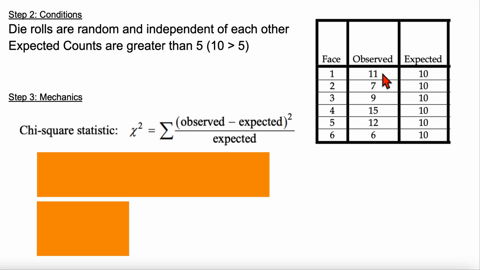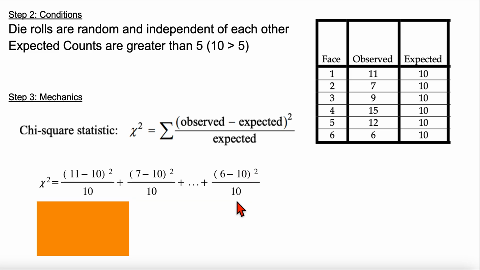We take 11, the observed value, minus 10, we square it, and divide by 10, which was our expected value for the number of times we'd expect the face with 1 dot on it to appear on this die. And then we would do 7 minus 10 squared divided by 10, and then 9 minus 10 squared divided by 10, and then 15 minus 10 squared divided by 10, etc. We're adding all those up.